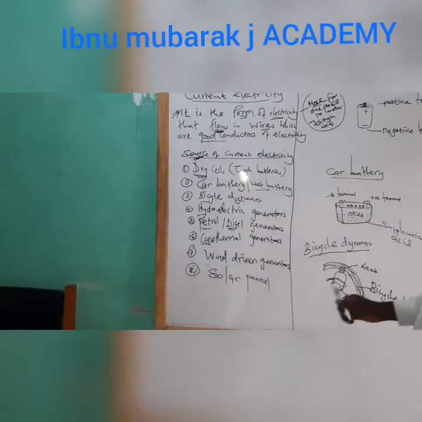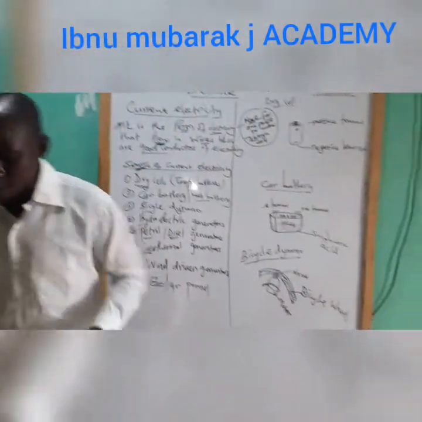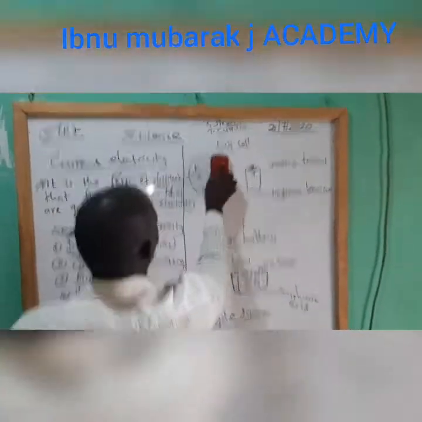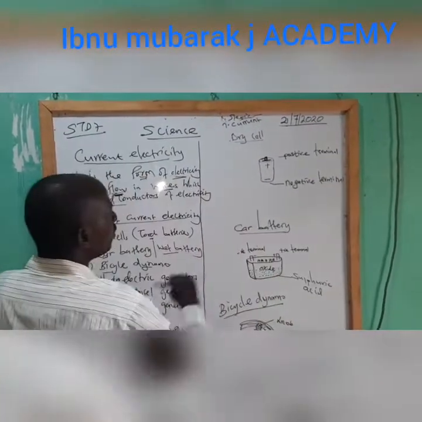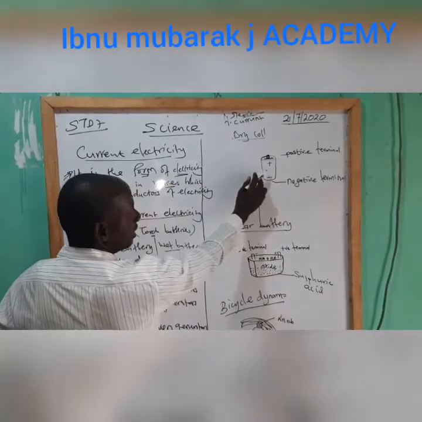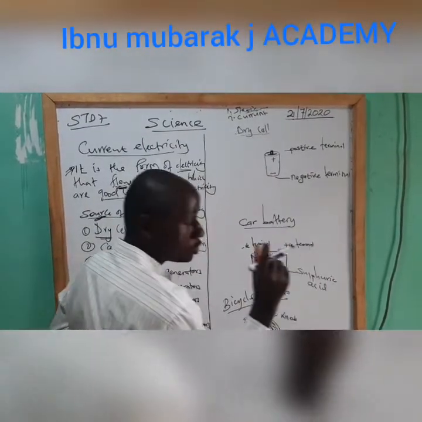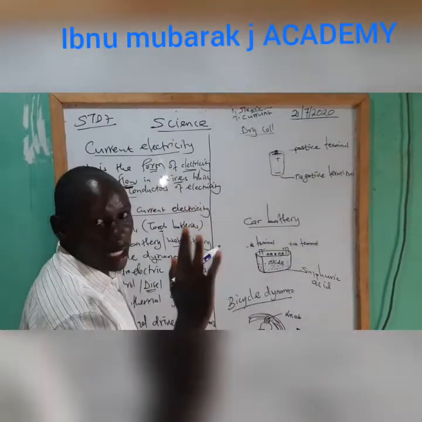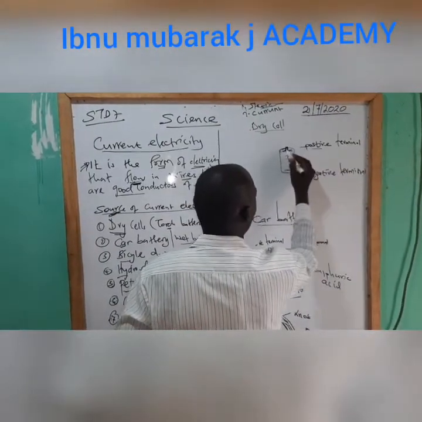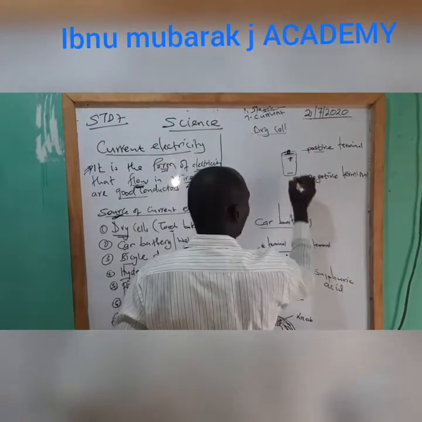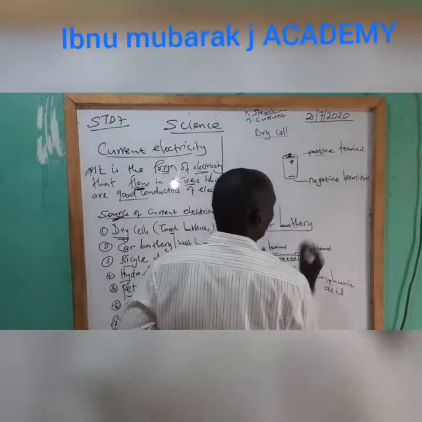Let's begin with dry cells. On the other side here, I have drawn a dry cell. This is a dry cell. A dry cell is a small torch battery which has two terminals. It has a positive terminal, this one with a plus, then there is a negative terminal.